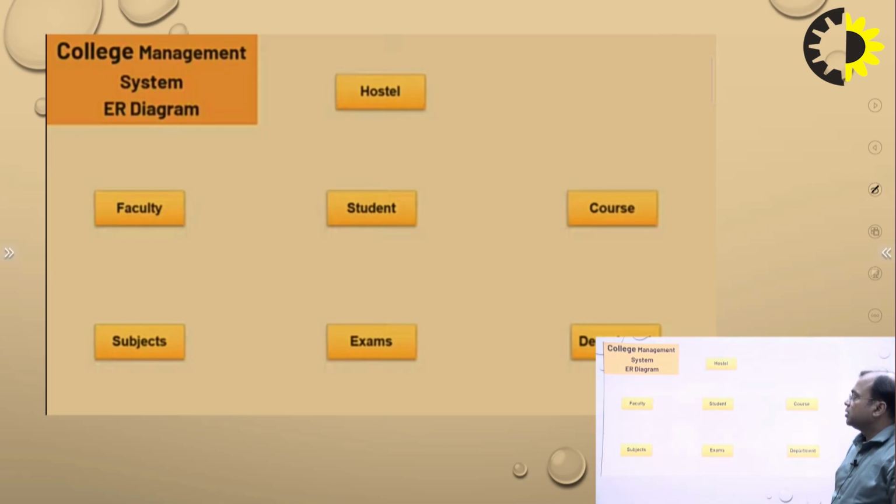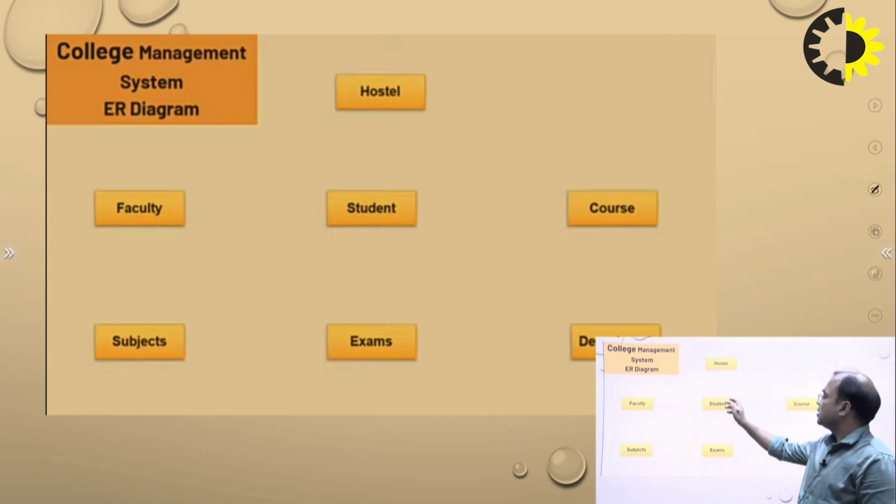Suppose we are taking 7 entities first. Student is an important entity in college management. All the things revolve around the student: hostel is used for students, faculty for students, courses assigned to students, examination for students, subject.